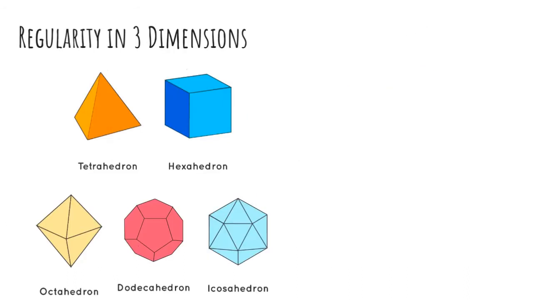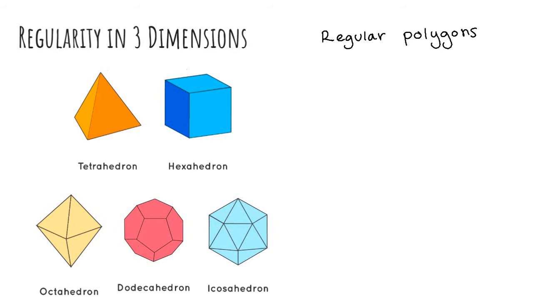So let's take this concept of regularity and put it into 3 dimensions. Let's take regular polygons, these regular 2-dimensional shapes, and let's try to construct some sort of closed 3-dimensional figures with them where all of the sides of those closed 3-dimensional figures are regular polygons.